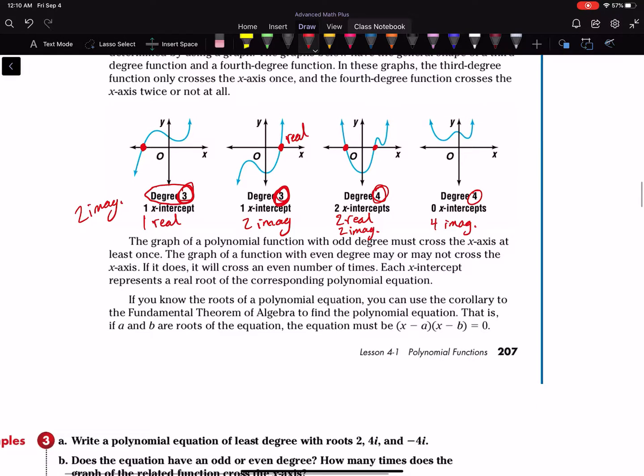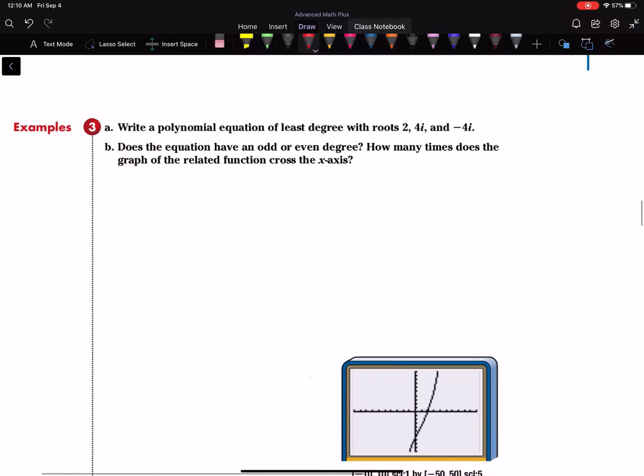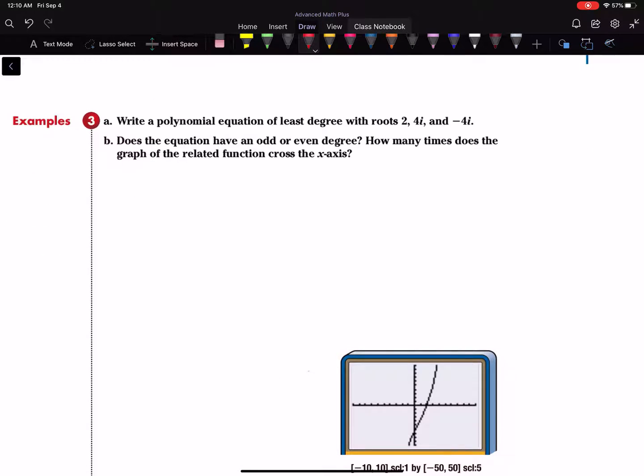Now understand, you are going to be asked to, example 3 here, write a polynomial equation of least degree with roots 2, 4i, and negative 4i. Now, this is a little lengthy sometimes, depending on how many roots they give us. So that's 3 roots.